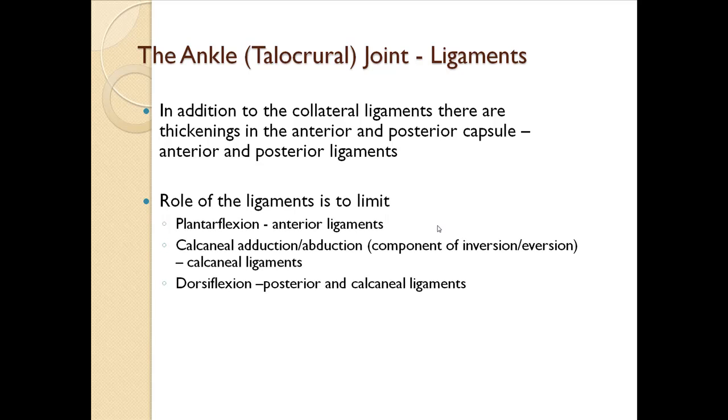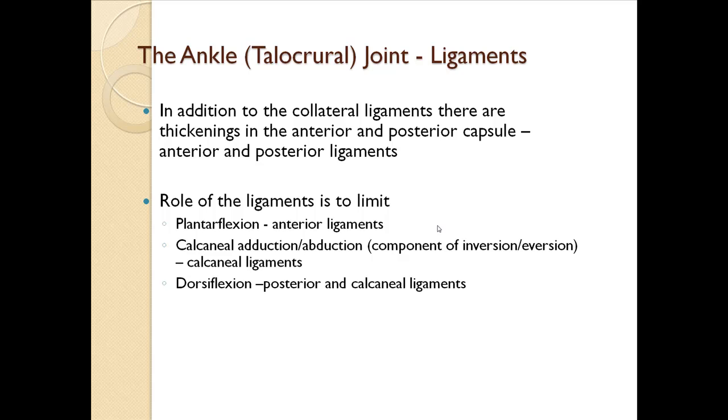Now, in addition to the collateral ligaments, there's a number of thickenings in the capsule, anteriorly and posteriorly, and some texts refer to these as the anterior and posterior talocrural ligaments. There's debate as to their existence as ligaments themselves, or whether they are merely thickenings in the capsule.